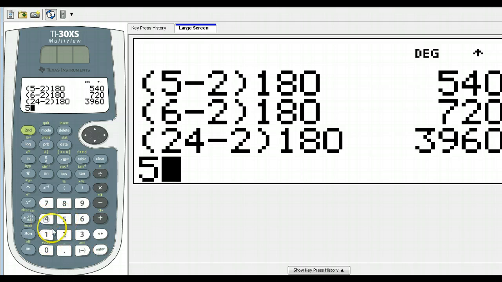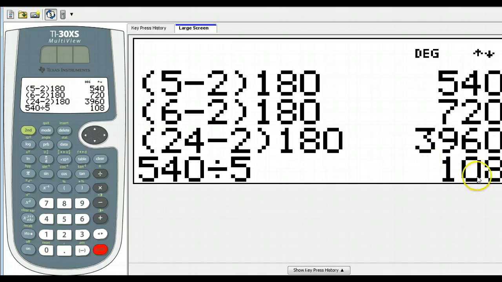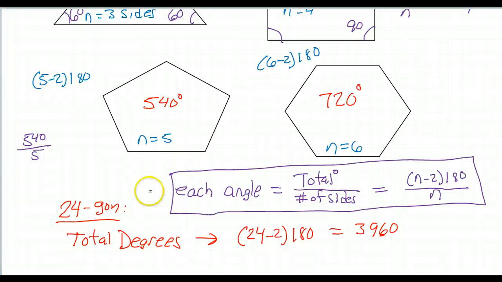Let's see, 540 divided by 5, that's 108. So for example, each of these angles would be 108 degrees all the way around.